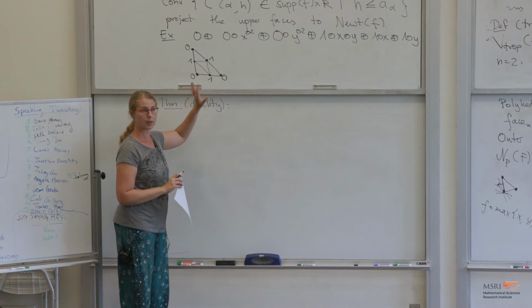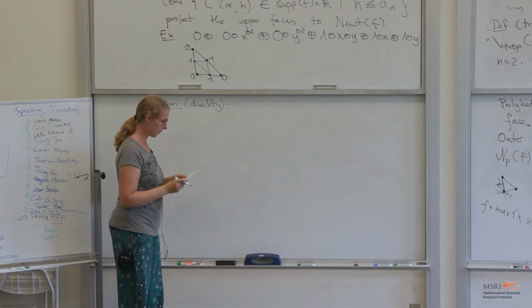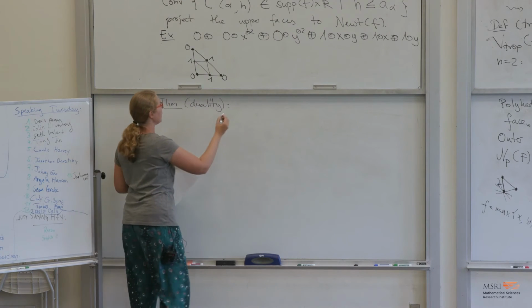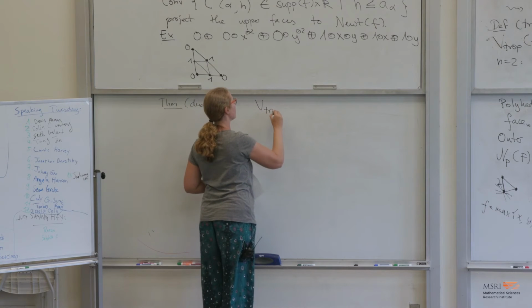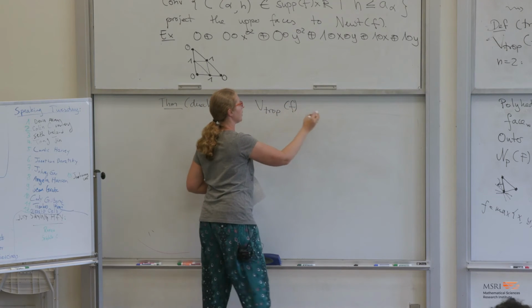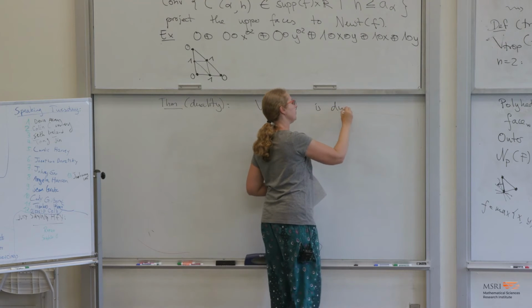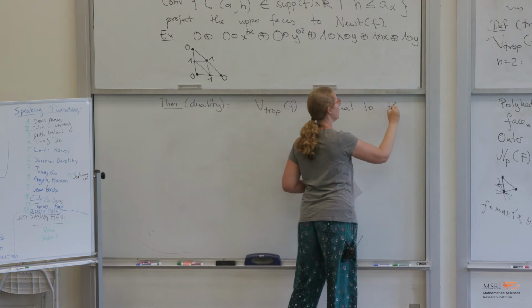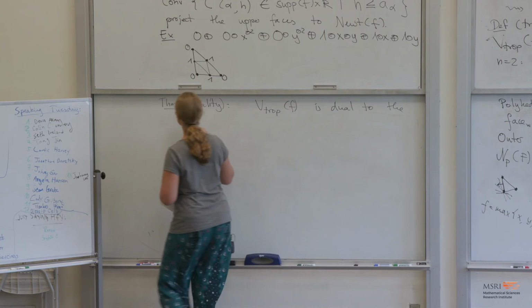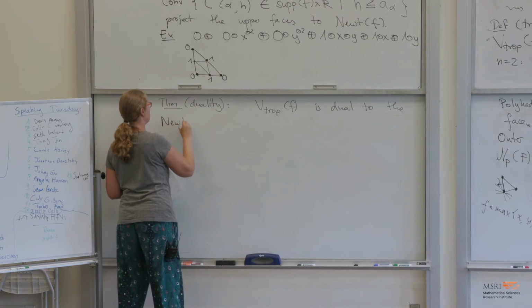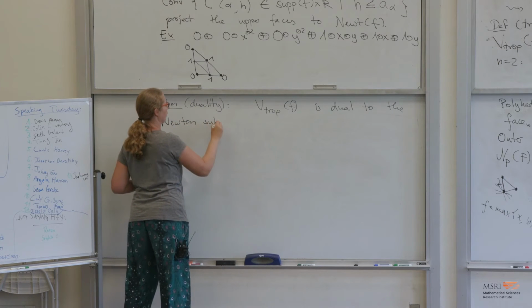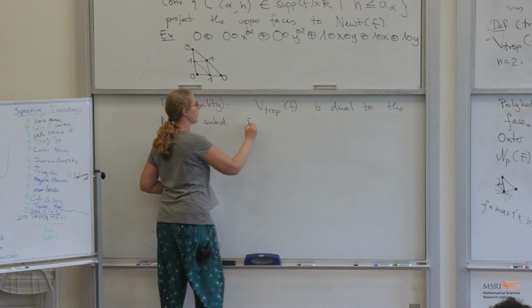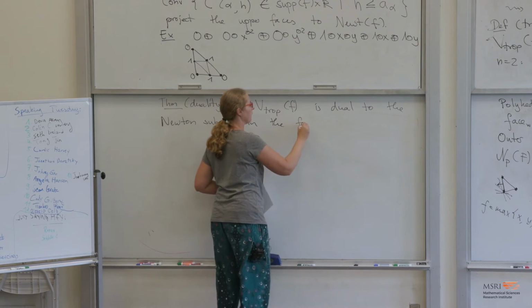Any number of variables, a duality theorem works. So the statement is: the tropical hypersurface associated to F is dual to the Newton subdivision. Okay, what does that mean? In the following sense.